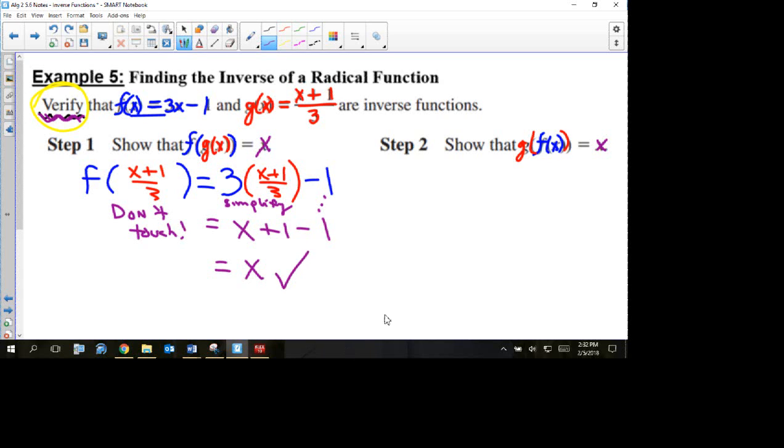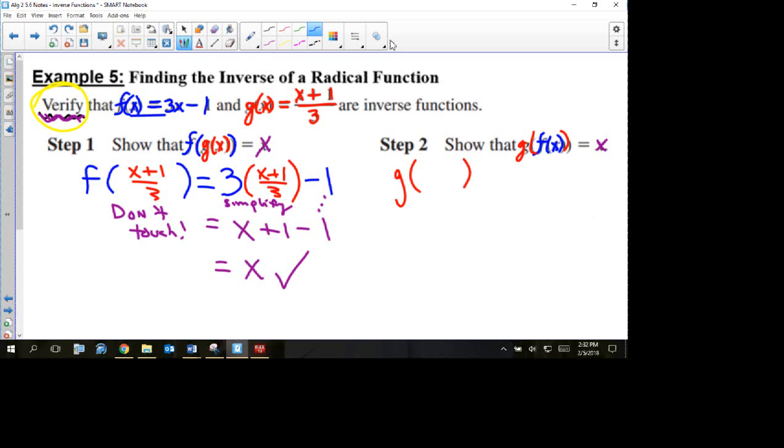So you will have to organize your work and show it like this. Beautiful. Organized. In line. Then you go over to the other side and we do the exact same thing, only this time we're putting the f of x inside of the g. So I'm going to start with the g function.